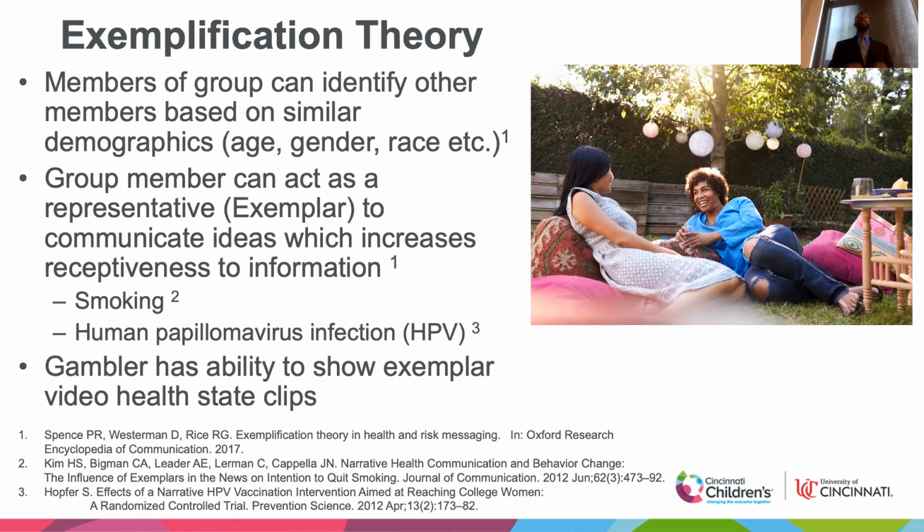And so the Gambler, because of the demographically matched video clips, has the ability to show exemplar health state video clips, embedded into the health state video project for the Gambler.